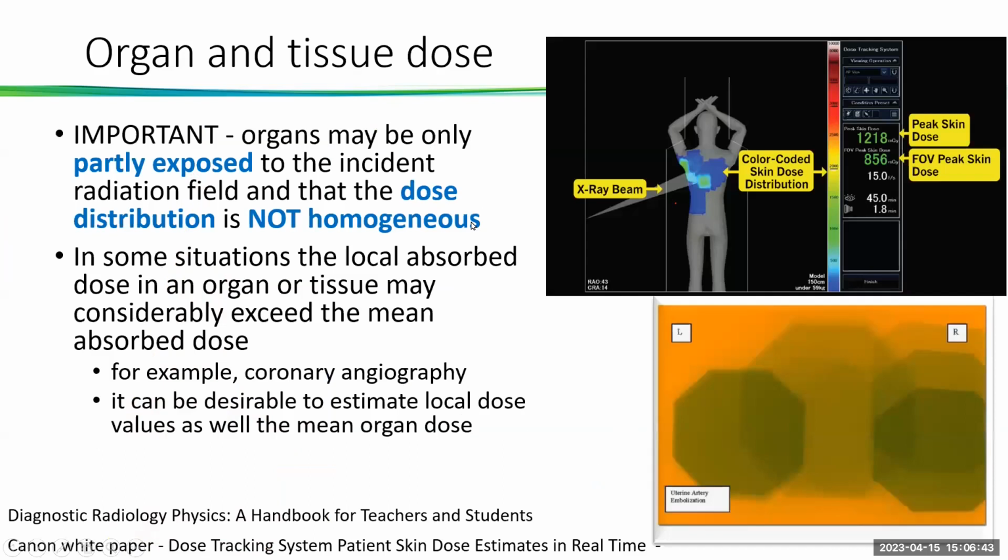It is important to note that organs may not be uniformly exposed all the time; at times they are partly exposed, so the dose may not be homogeneous. So sometimes it is important, when determining the organ dose, to consider the mean absorbed dose and the maximum absorbed dose.